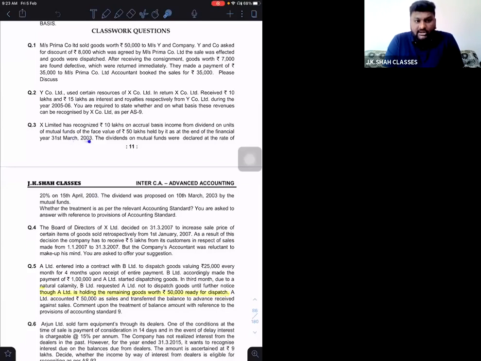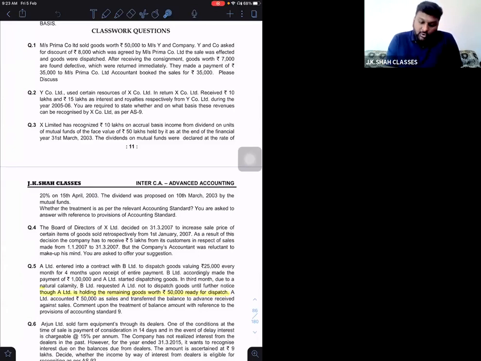And these people have already recorded the dividends as on 31st March 2003 on accrual basis, right? The dividend was proposed on 10th March 2003 by the mutual fund company. Whether the treatment is as per the relevant accounting standard, you are asked to answer with reference to the provisions of the accounting standard.